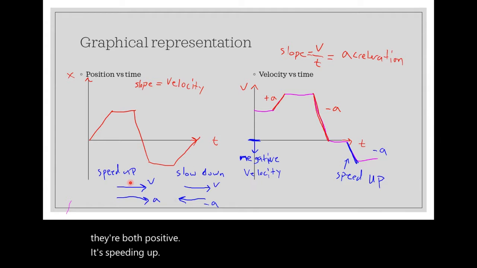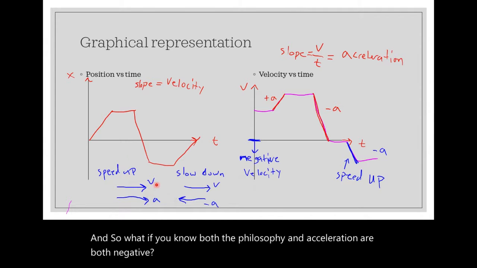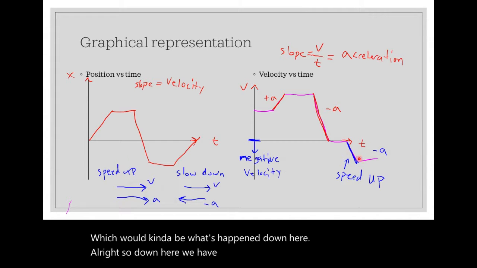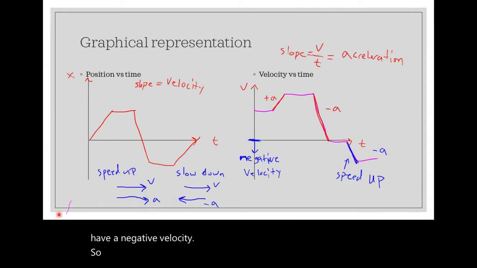And so what if both the velocity and acceleration are negative, which would be what's happening down here, all right? So down here we have a negative acceleration, and we also have a negative velocity. So they're both going to the left.